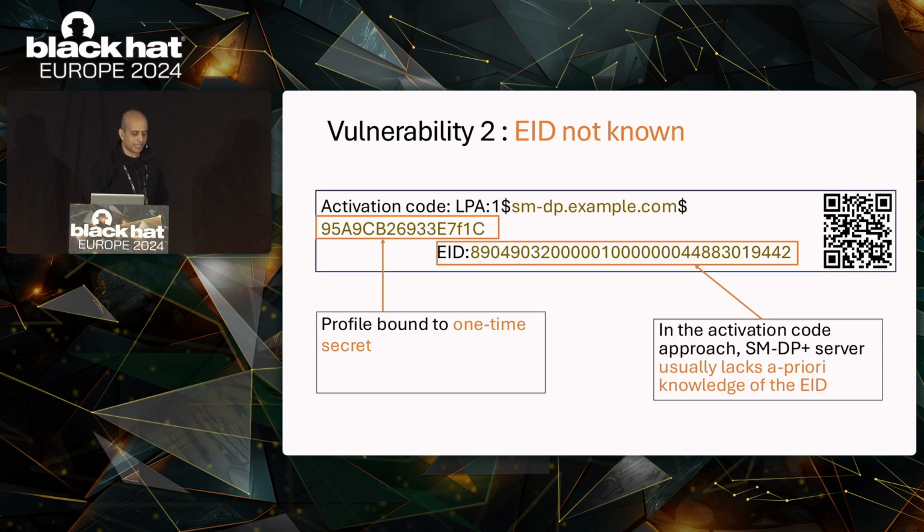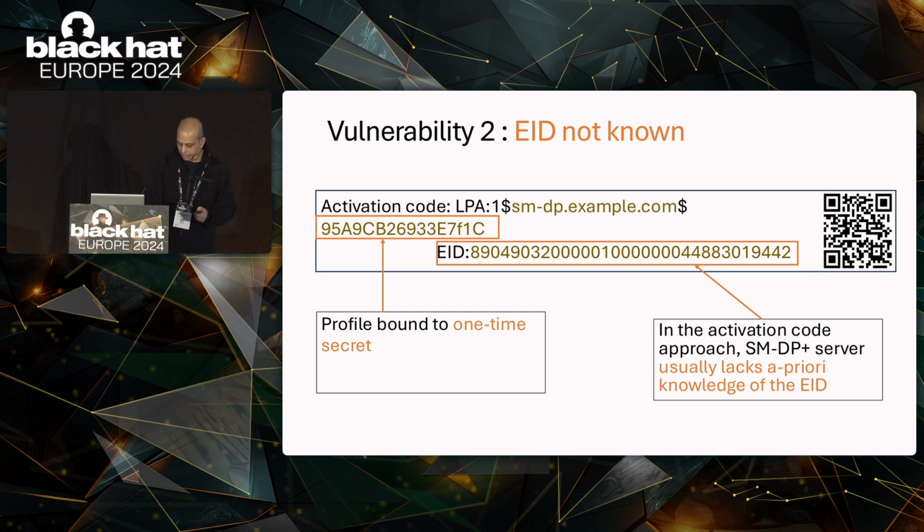Now let's check the second one, which is from a different perspective. The first one was from the device perspective: when we start the download, it did not have prior knowledge about the server identity. In this case, the server does not know the identity of the device or the UICC which is going to download. In the activation code approach, it is possible to get the EID, but it's optional, and in most cases it's not provided.